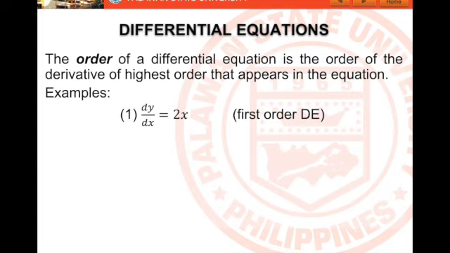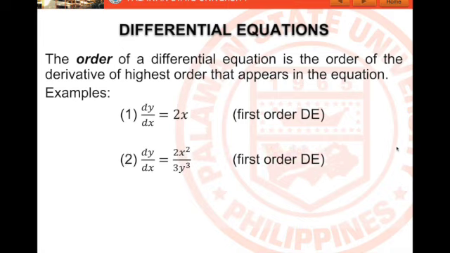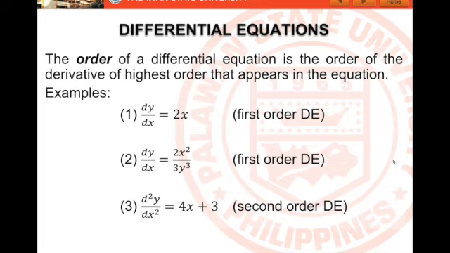This is a first order differential equation, since the highest derivative you can see is the first derivative, just dy over dx. This as well is a DE of first order, and you guessed it right, the third one would be a second order DE, since you have the second derivative here.